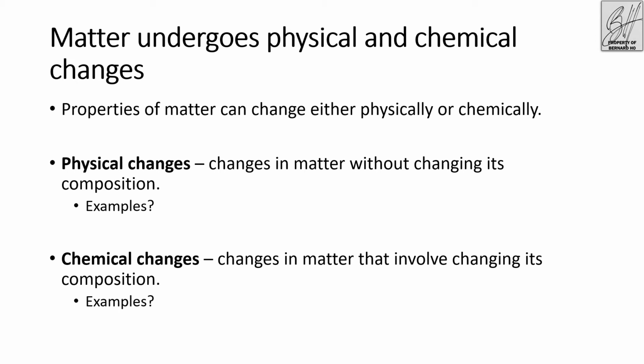It has the ability to burn. That is a characteristic that it has. We know that it's combustible because we can observe it undergoing the chemical change. We can observe it actually bursting into flames.